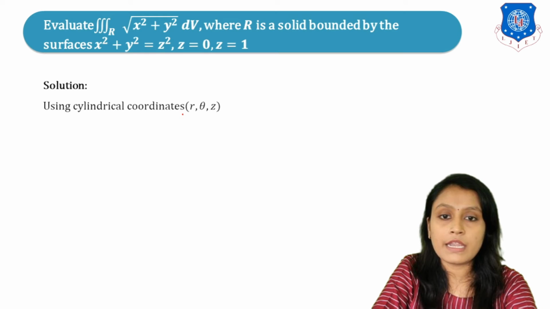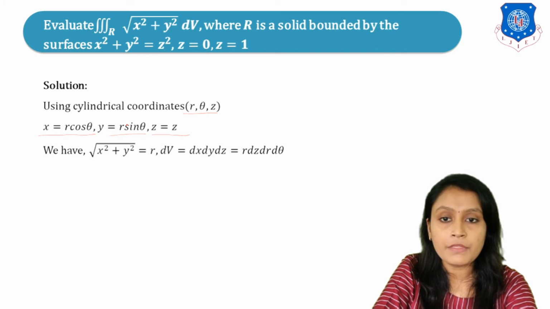So we will use the cylindrical coordinates r, theta and z. So you will get x is equal to r cos theta, y is equal to r sin theta and z is equal to z. We have to take this to convert these Cartesian coordinates to cylindrical coordinates.